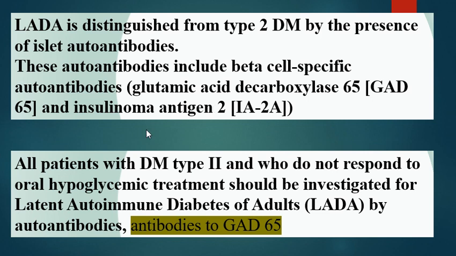autoantibodies. So when we suspect that this patient is not type 2 but LADA, if a patient with diabetes mellitus type 2 does not respond to oral hypoglycemic treatment, in this situation that patient should be investigated for latent autoimmune diabetes of adults by autoantibodies.